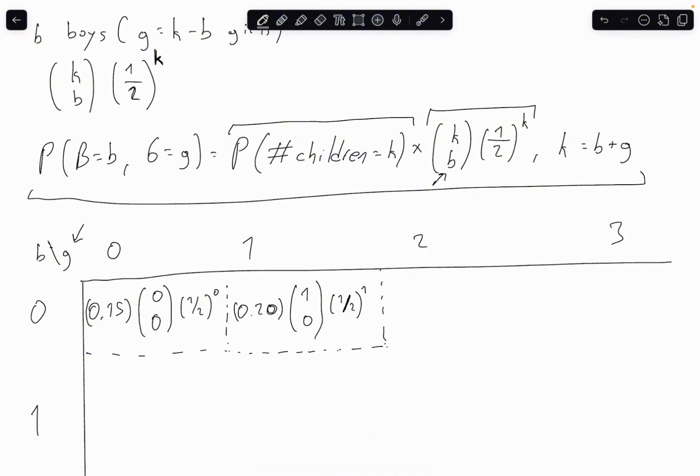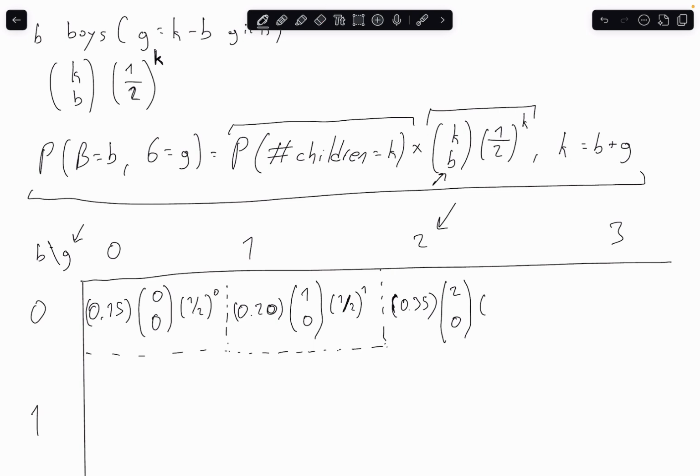Probability of having 2 children is 0.35, and we are going to choose none of them to be boys, 2 of them need to be girls. Actually we can write this like this too.